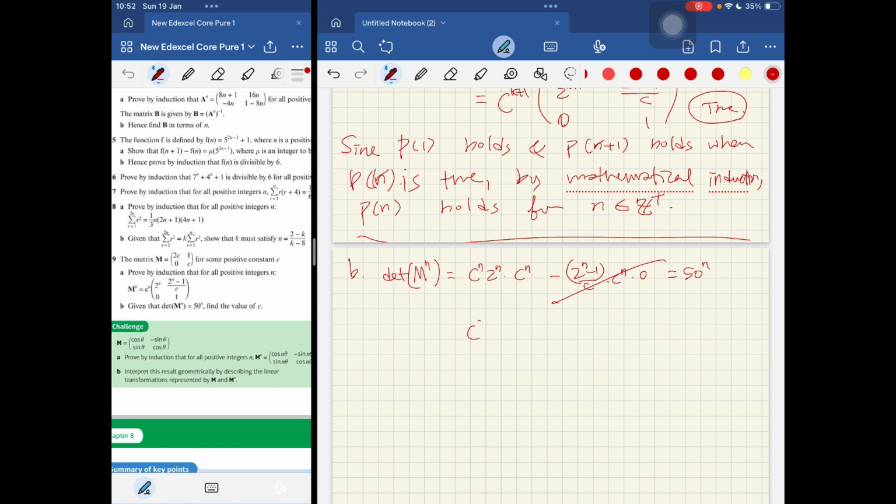So this is c to the power 2n times 2n becomes 50 times n. So 2 times c to the power of 2n equals 50n. So 2c squared becomes 50. C is a positive integer 5. C is a positive integer. That's it.